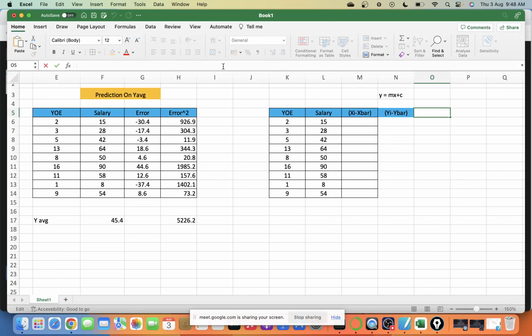Remember, the multiplication of this one and this one, formula wise. Let's copy it with Control C and put it here.